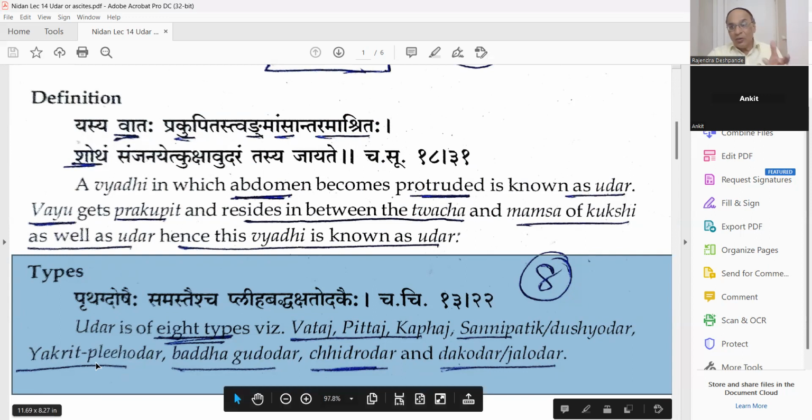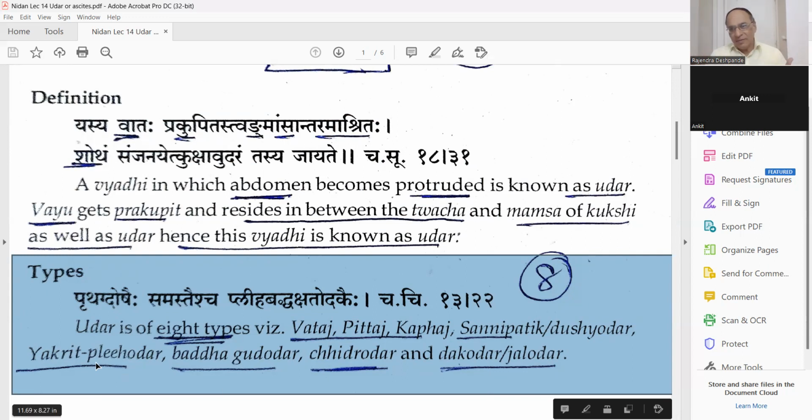Can you see here? Yakrut and Pliha swelling. Yakrut is liver, Pliha is spleen. Yakrut Plihodar means there will be fluid in the abdomen, but due to a problem of either the liver or spleen. There will be hepatomegaly, there will be splenomegaly plus water. Okay, Yakrit Plihodara.